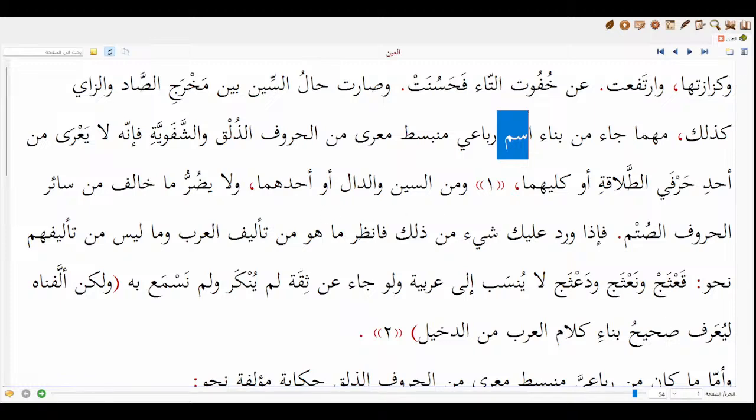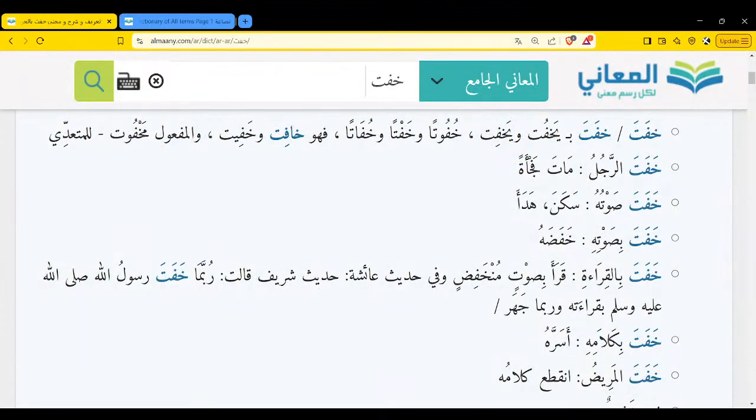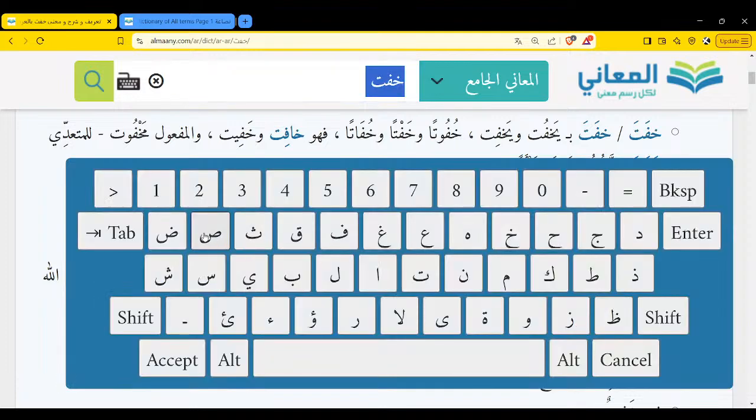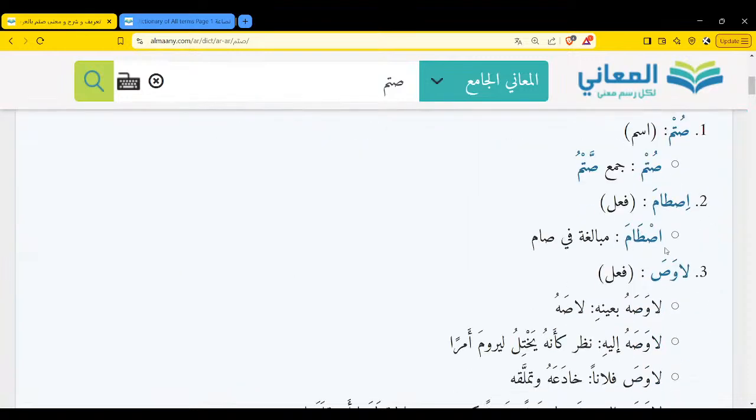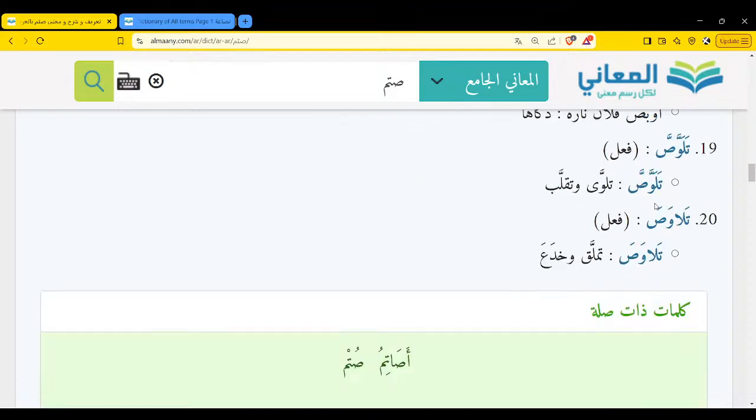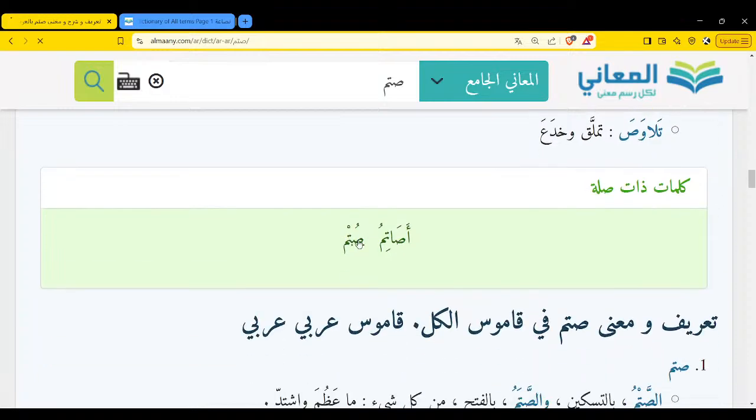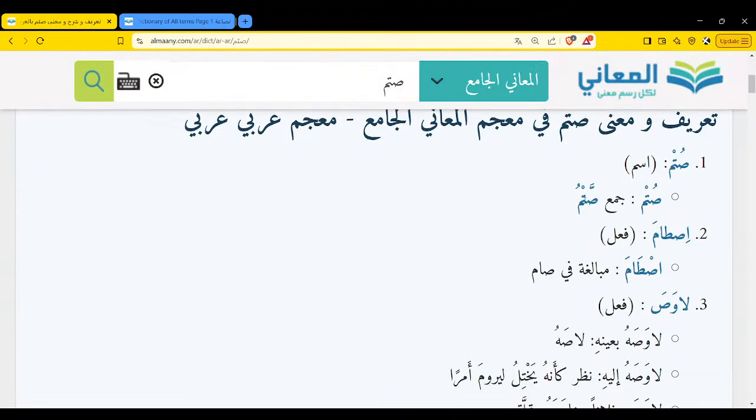So let's see what the sutm letters are. Sad, ta, mim. The plural of sutm. Over here, not mentioned. Let's see over here.